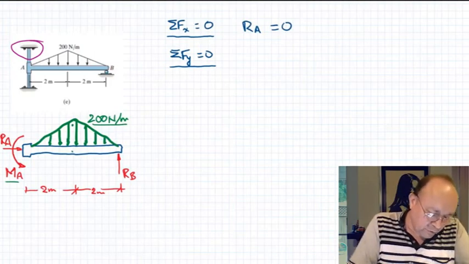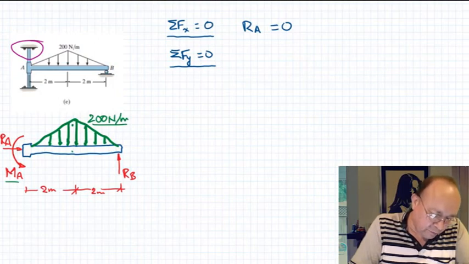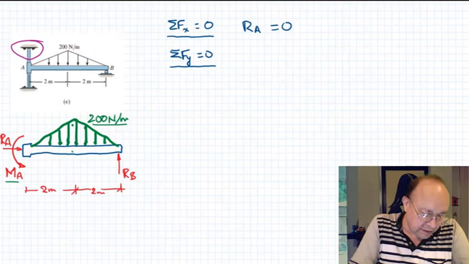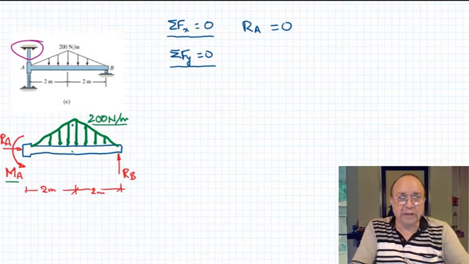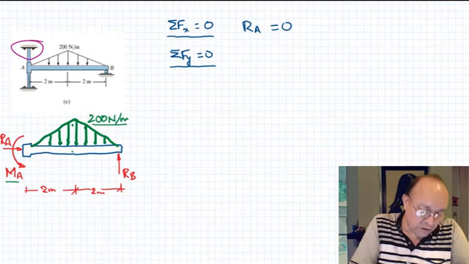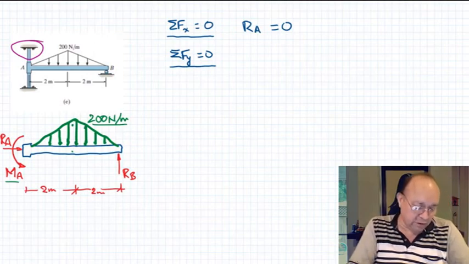maybe we should do another diagram, because in order to do the summation of forces, we need to replace this distributed force by a concentrated force that we know how to include in a summation of forces. We cannot include the distributed forces the way it is.